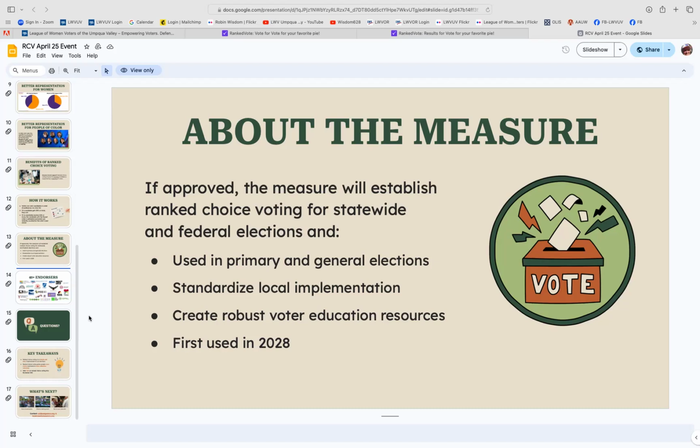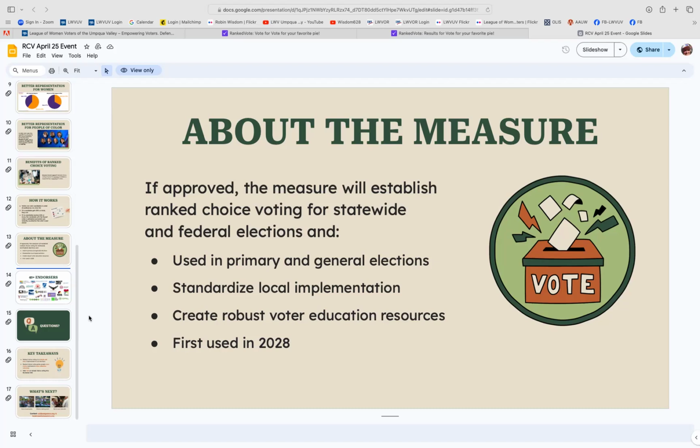And so if we pass this at the statewide level, it will allow us to create those tools so that county clerks, so that the Secretary of State, so that local organizations, as they're implementing this and educating voters, they don't have to necessarily start from scratch, and they have those best practices here in our state to use.